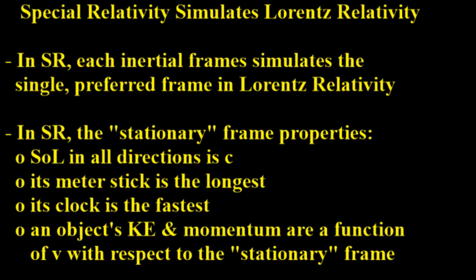Second, it's the meter stick that's at rest in the observer frame that is the longest meter stick, because all other meter sticks that are moving with respect to the observer's frame are seen as contracting in the line of motion with respect to the observer's frame.